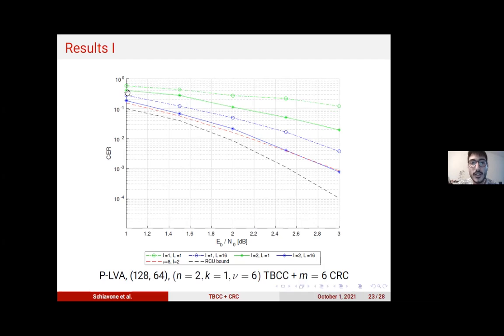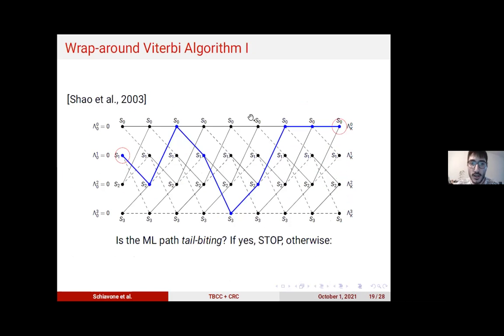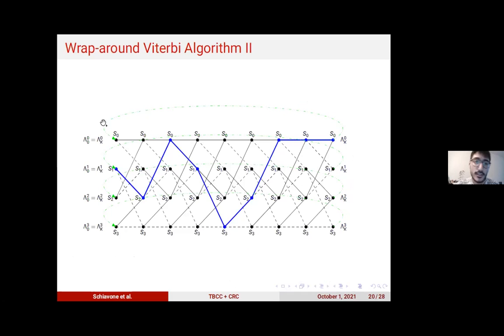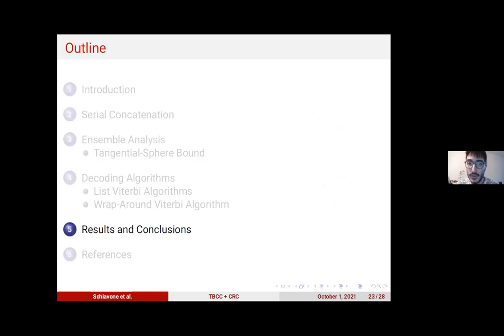But these solid lines instead are simulation results using WAVA, the wraparound Viterbi algorithm that we saw in the previous slide, and after the reinitialization of the values at the beginning, we run the parallel list Viterbi algorithm. So just to be clear, we run Viterbi, we reinitialize our values at the beginning, and then we run, instead of the classical Viterbi, the parallel list Viterbi algorithm that we saw before.